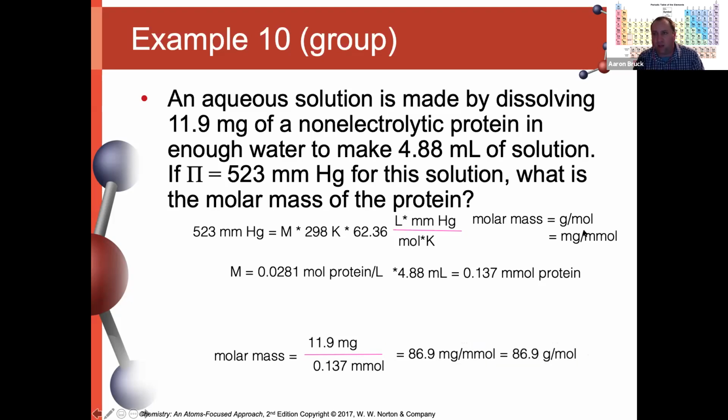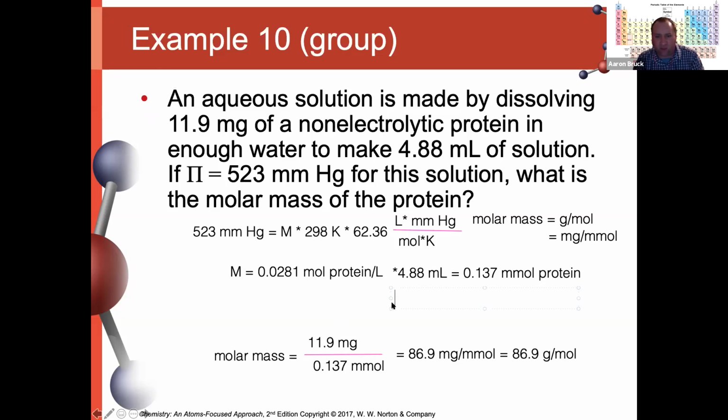Now, if we just want to prove to ourselves that this actually works that way, we can follow it through. And what we'll notice is that we end up dividing this number by 1,000 and that number by 1,000, so the two divisions by 1,000 basically cancel each other out.